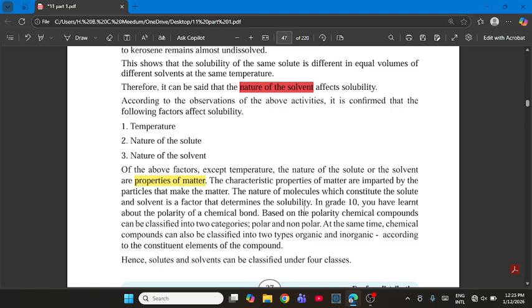In grade 10, you have learned about the polarity of a chemical bond. Based on the polarity, chemical compounds can be classified into 2 categories, polar and nonpolar. At the same time, chemical compounds can also be classified into 2 types as organic and inorganic, according to the constituent element of the compound.